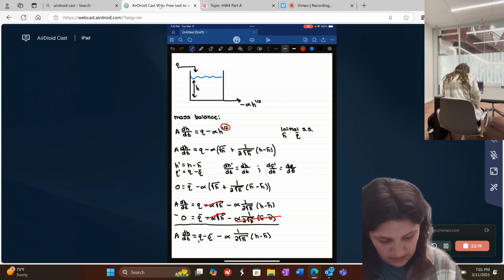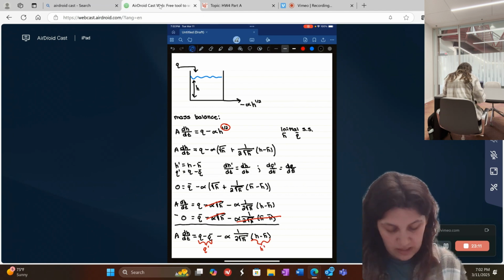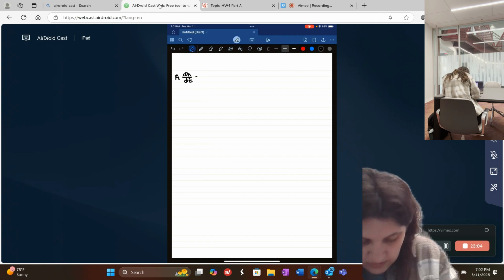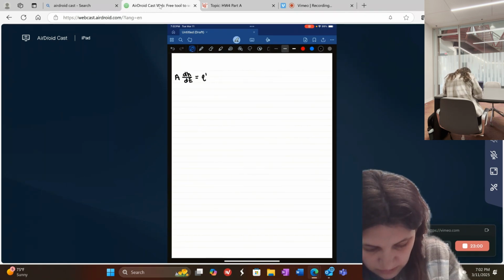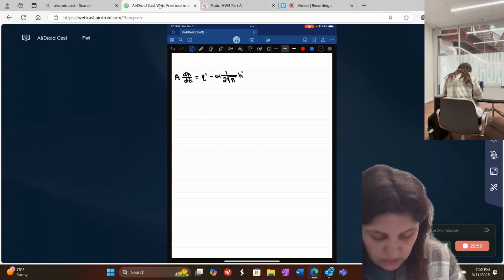And now we can see here that these are q prime and h prime. We put that together, we have A times dh/dt equal to q prime minus alpha times 1 over 2 square root of h bar times h prime.